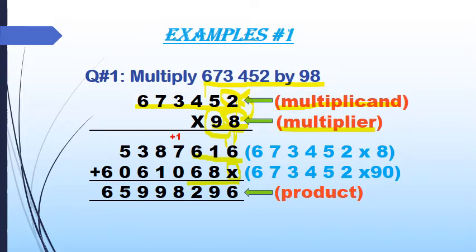When you finish multiplying, draw another line below your last row of answer numbers. And lastly, use long addition to add your number columns from right to left, carrying as you normally do for long addition. So the answer is 65,998,296. That is called the product.